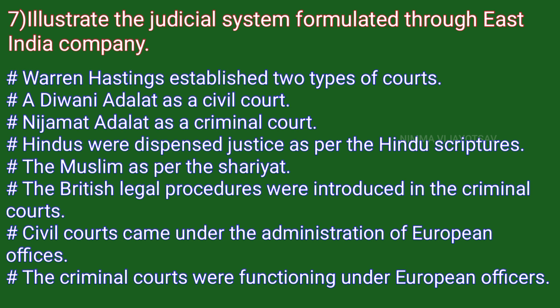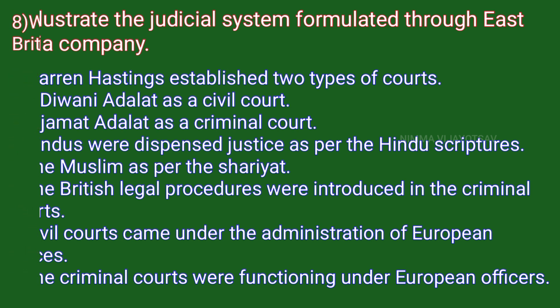Hindus were dispensed justice as per the Hindu scriptures, the Muslims as per the Shariat. The British legal procedures were introduced in the criminal courts. Civil courts came under the administration of European officers. The criminal courts were functioning under European officers.